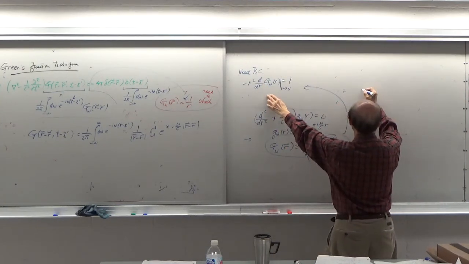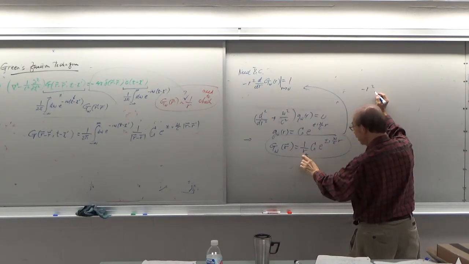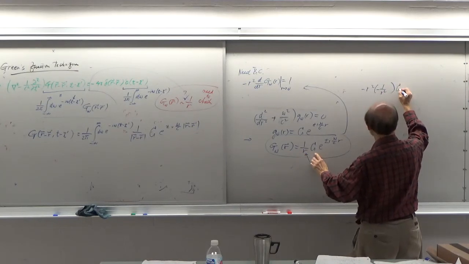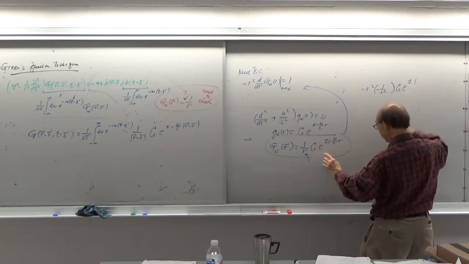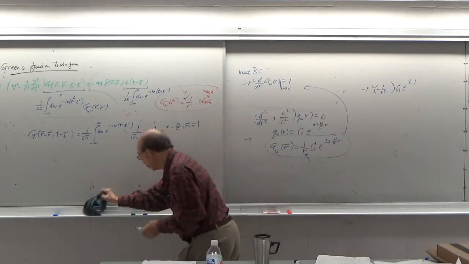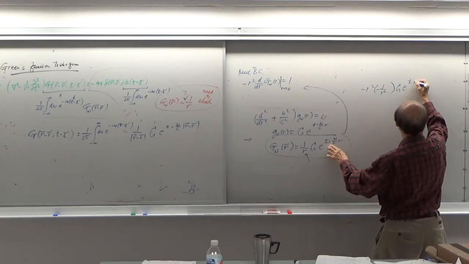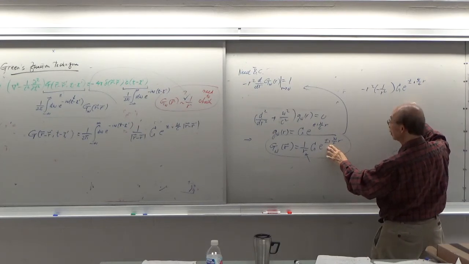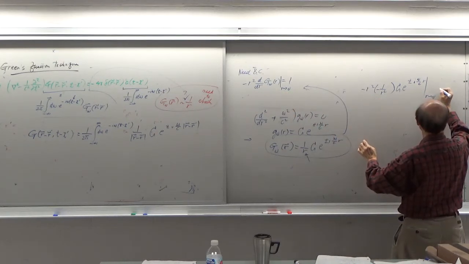So now we have minus r squared, d by dr acts on this r, will give me minus 1 over r squared, then the constant e to the plus or minus i omega over c times r, and take the r goes to 0 limit, that should be 1.